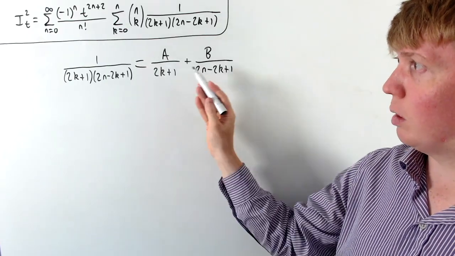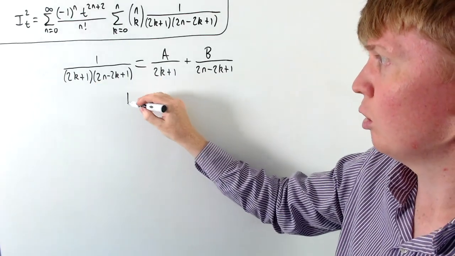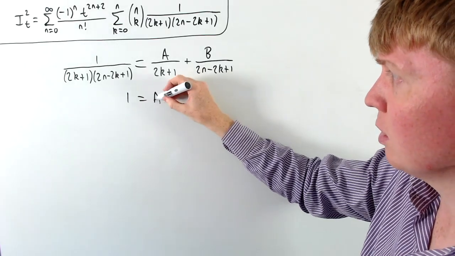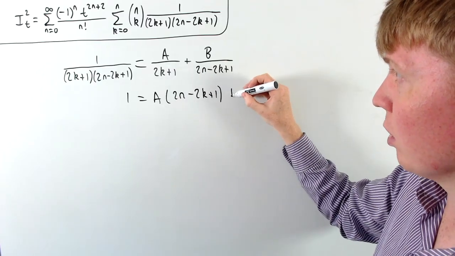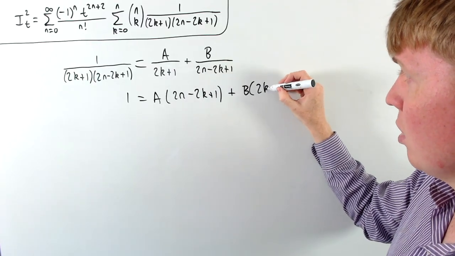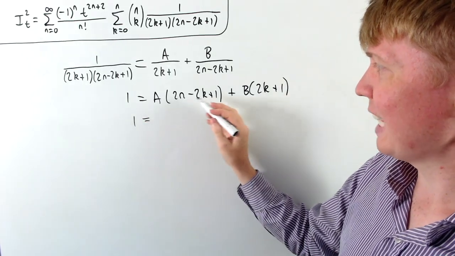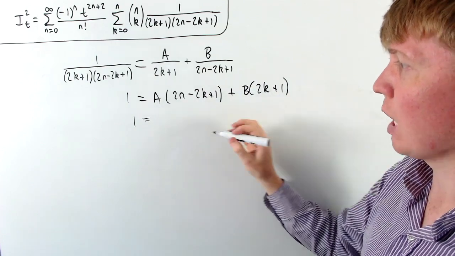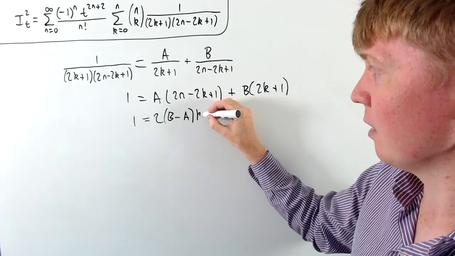We want to multiply on both sides by 2k plus 1 times this other term, so that we just get 1 on the left-hand side. So we've multiplied by each of these denominators, then we've got a times 2n minus 2k plus 1 plus b times 2k plus 1. So then if we take, first of all, our k terms, we've got a times negative 2k and we've got b times 2k, so we can write this as 2 times b minus a times k.